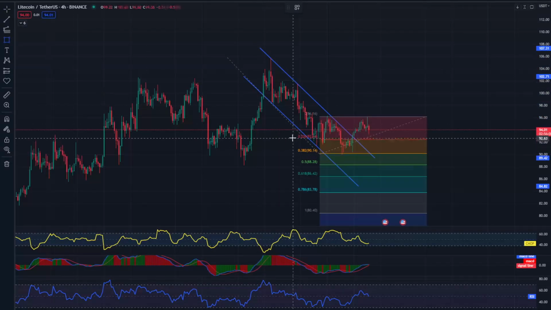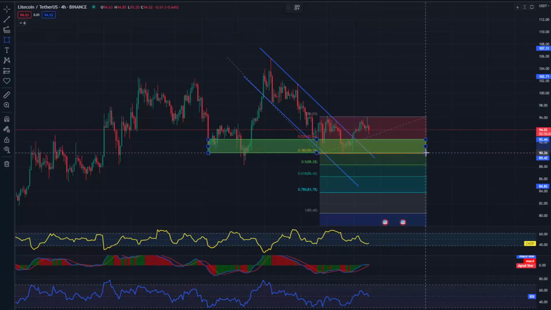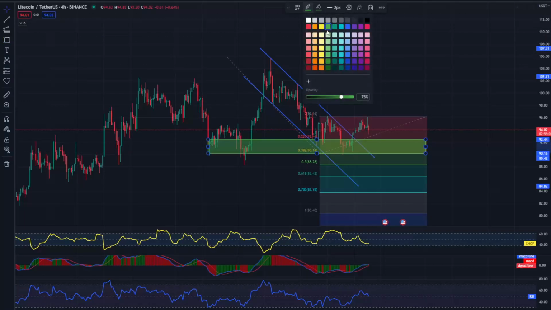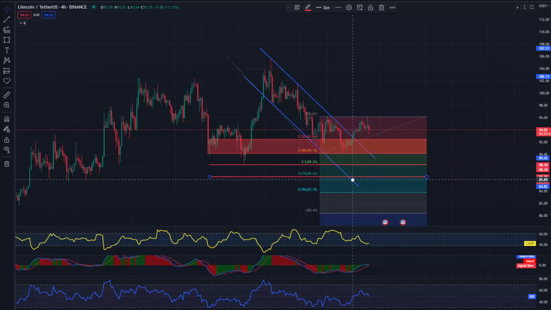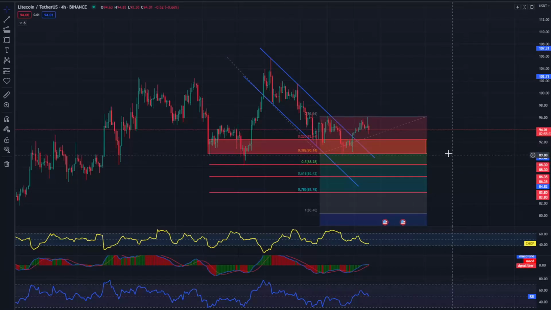Let's move now to the designation of support places, and we see that we first have a support zone from $92 to $90. But if the price drops below, we have subsequent support at $88.30, then at $86.35 and subsequent support at $83.80.